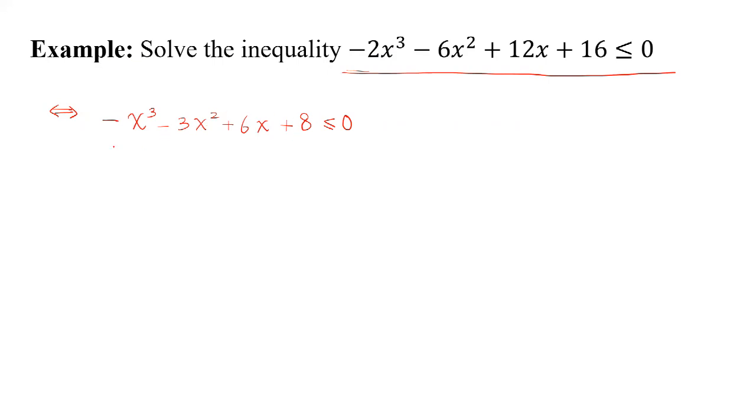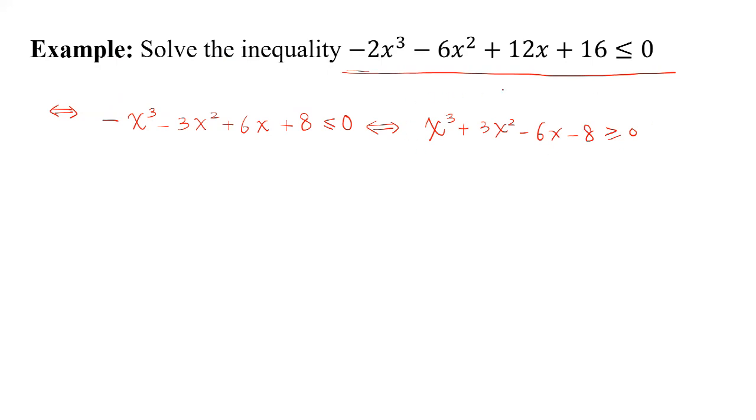Usually to make things simpler, we can then multiply both sides by -1 in order to have a positive leading coefficient. This step is actually optional, it depends on you.